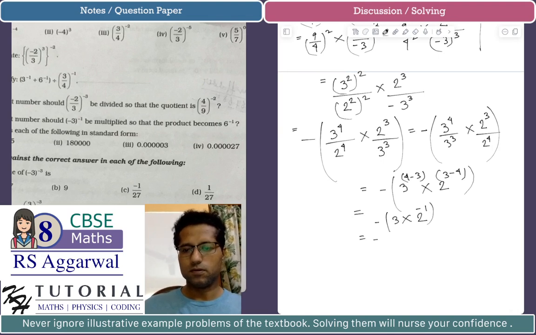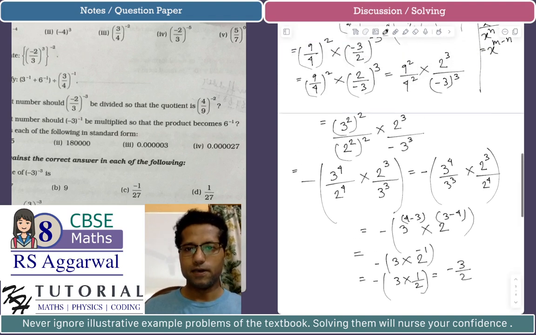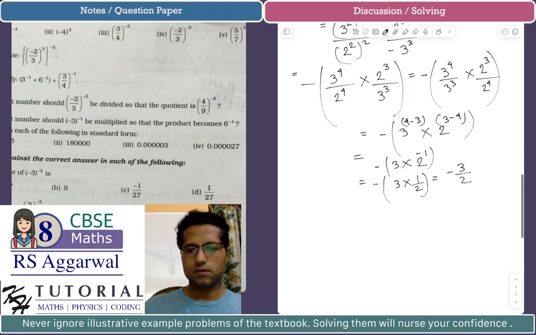This is equal to negative of 3 multiplied by half. This is equal to minus 3 by 2. So we got 1 by x equals to minus 3 by 2.